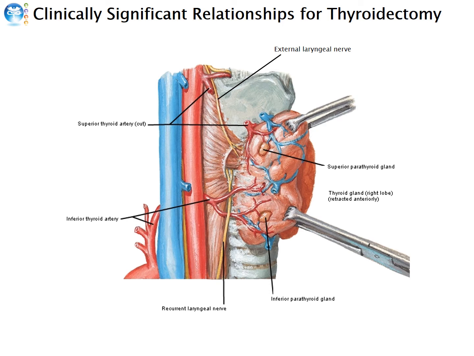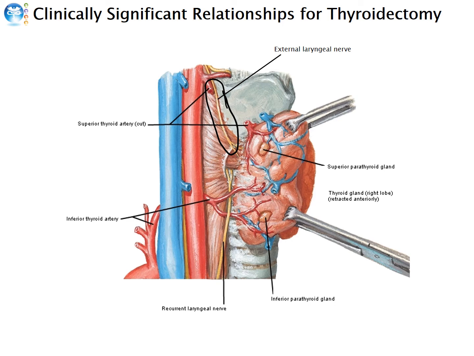This image is also useful for reinforcing key relationships between nerves and arteries. Let me remind you that the external laryngeal nerve courses in close proximity to the superior thyroid artery. During division of the superior thyroid artery for a thyroidectomy, the external laryngeal nerve must be preserved.